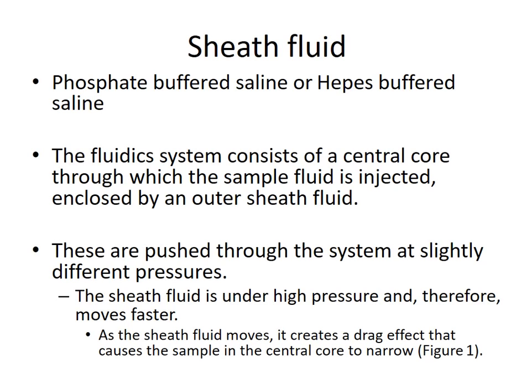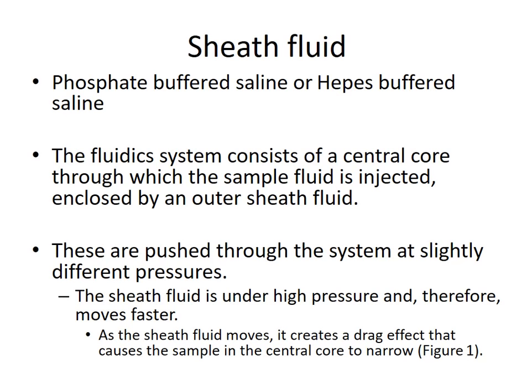So what is the sheath fluid? Sheath fluid is phosphate buffered saline, or HEPES buffered saline, and it's basically salty water. It's the easiest way to explain it. And the reason for having the salty water is it creates a nice osmotic balance between the sheath fluid and the cells.